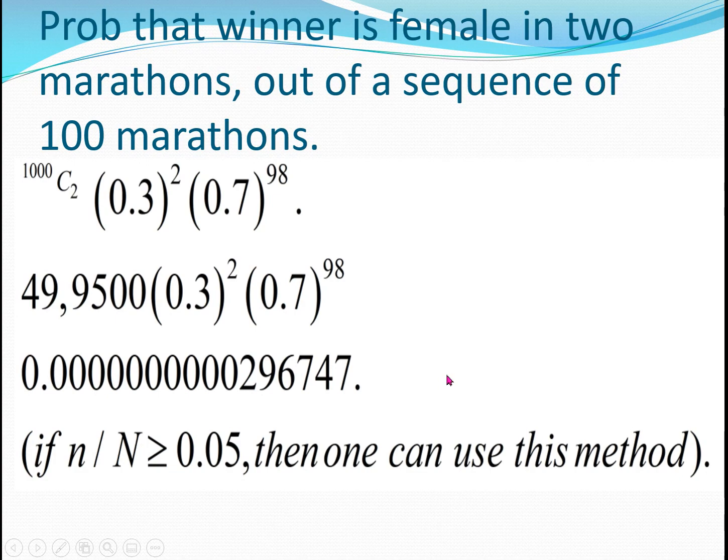And by the way, when can we apply the approximation of binomial distribution to hypergeometric? As a rule of thumb, whenever the sample size divided by the population size... whatever is the sample size, for example, here the sample size is 100, a sequence of 100 marathons. So what is capital N, the population size?